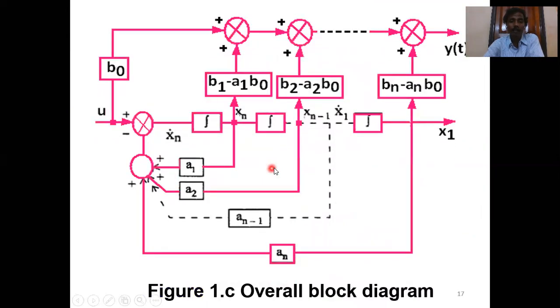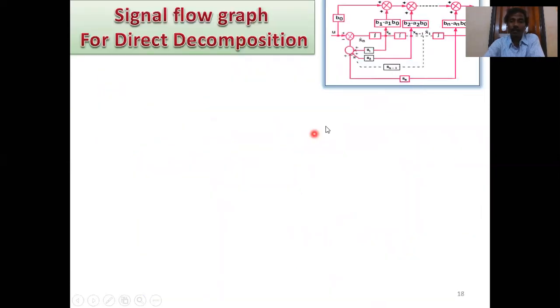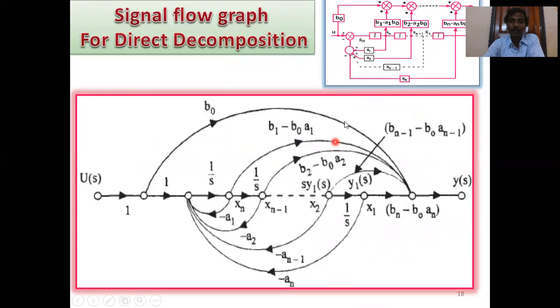Already discussed this portion, signal flow graph. This is the total signal flow graph without x dot, the previous signal flow graph was with x dot.